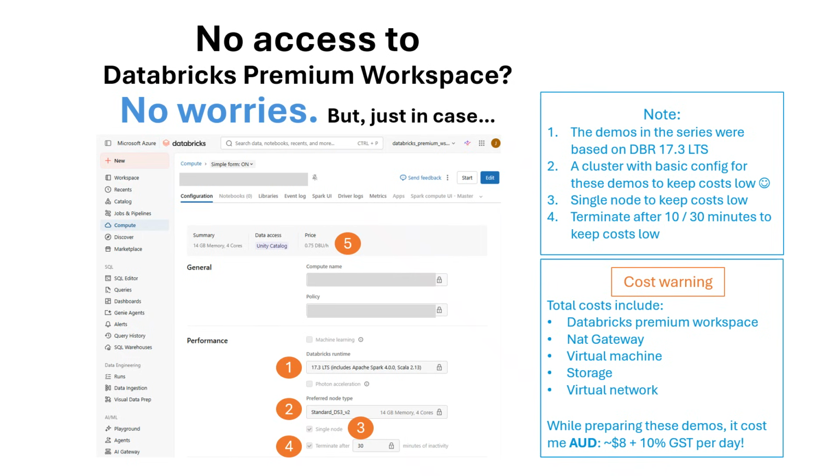So if you do have access to your own Databricks Premium workspace and want to reproduce the examples, here I am sharing the cluster settings that I used for my demonstrations. That way, you can set up a similar environment and experiment with the examples yourself.